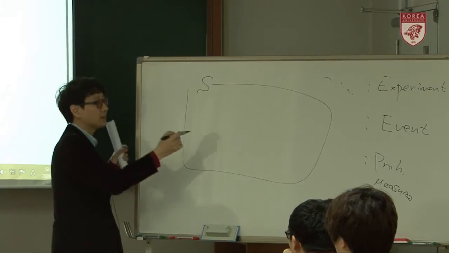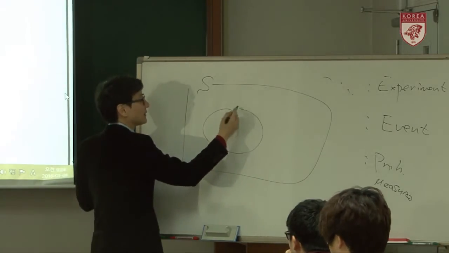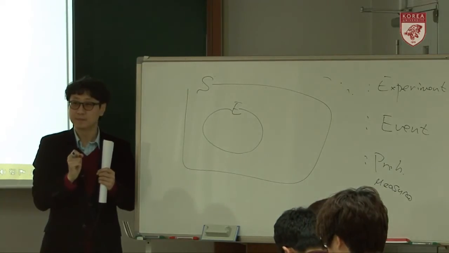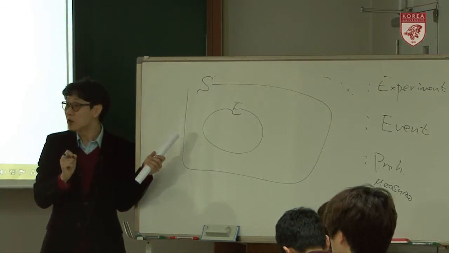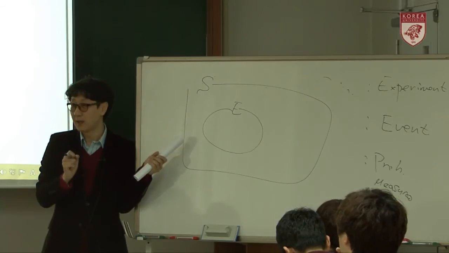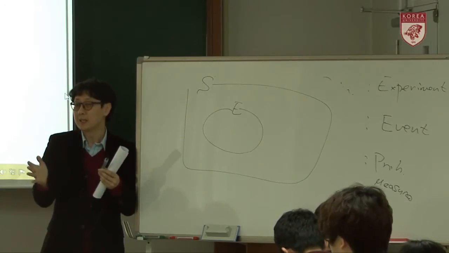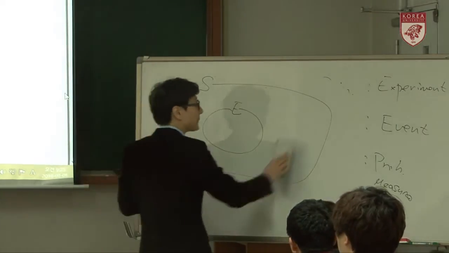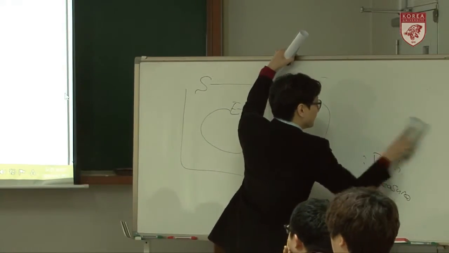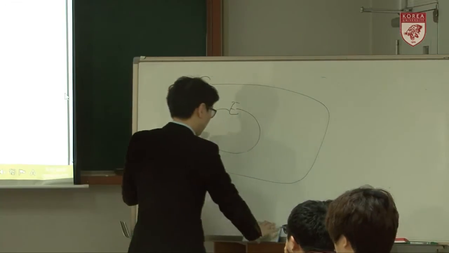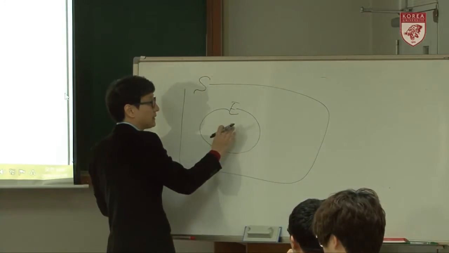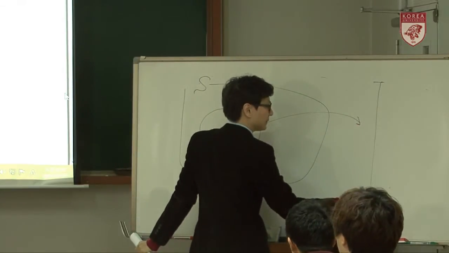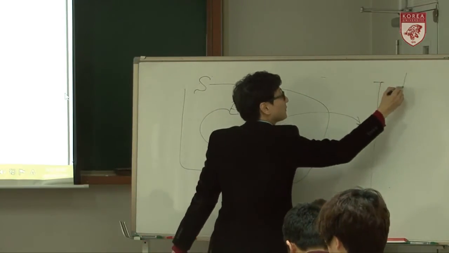And in the sample space, there's an event. Event is an outcome of the experiment. Then probability is mathematically defined as a function that maps this event to a certain real number.